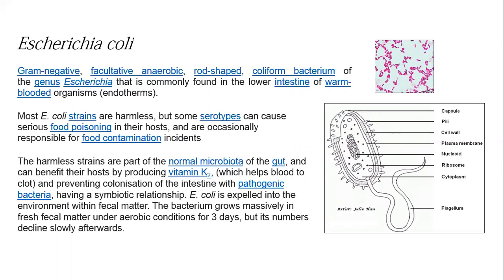They have a symbiotic relationship with the human gut, and they stay there, and in exchange they produce vitamin K inside the intestine. E. coli is expelled into the environment within the fecal matter, and the bacterium grows massively in fresh fecal matter under aerobic condition for 3 days, but its number declines slowly afterwards.